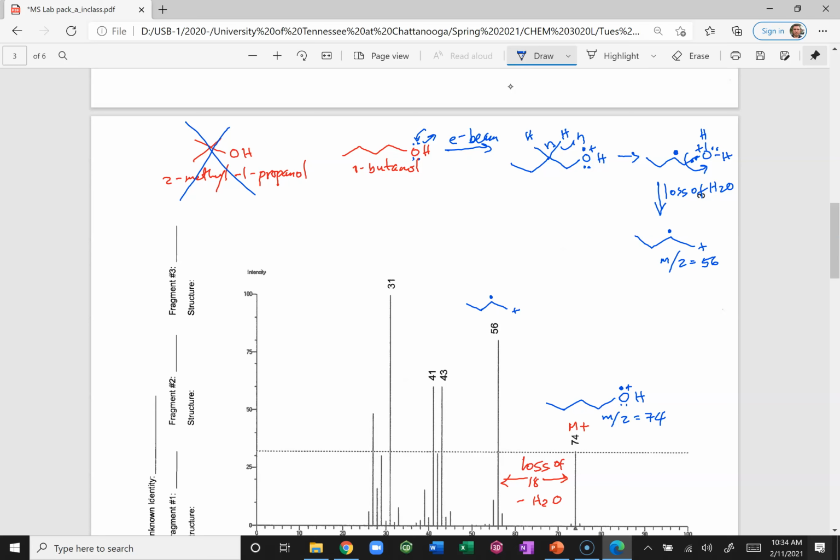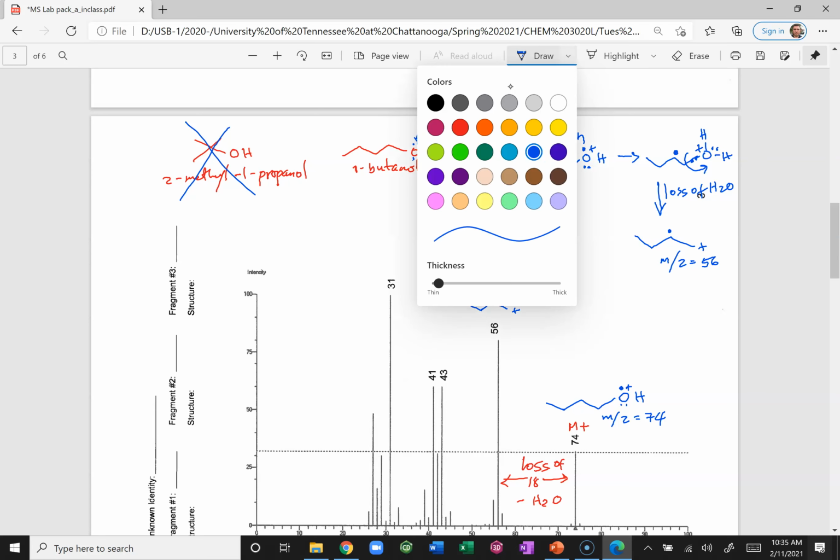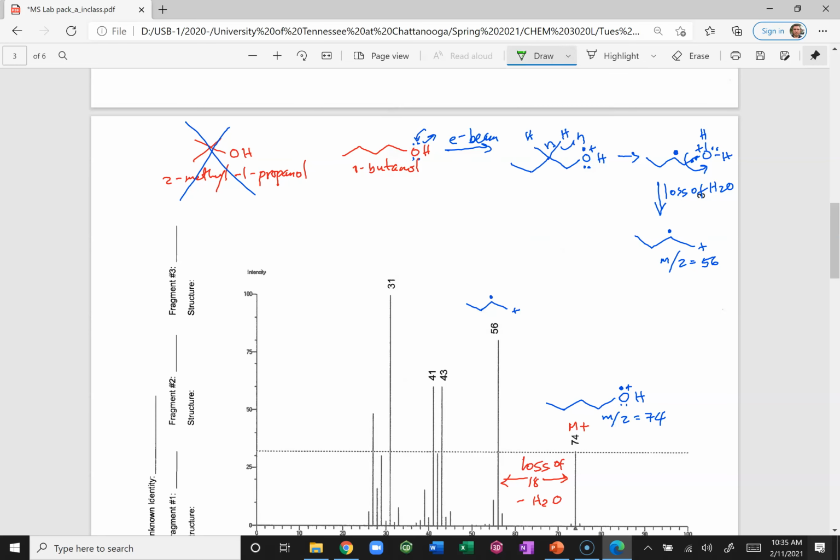I know that 43. How do I get 43? I get 43 from a direct hit. Let's say, check this out. I get a direct hit here. If I get a direct hit right there, and that kicks that one out, always work from the N plus. So this is your N plus.